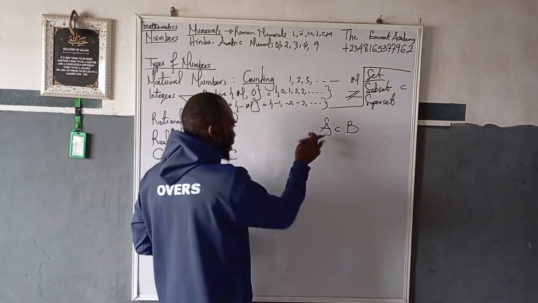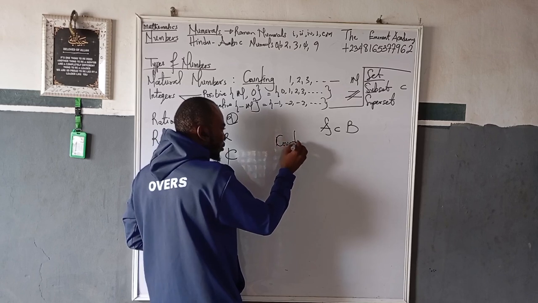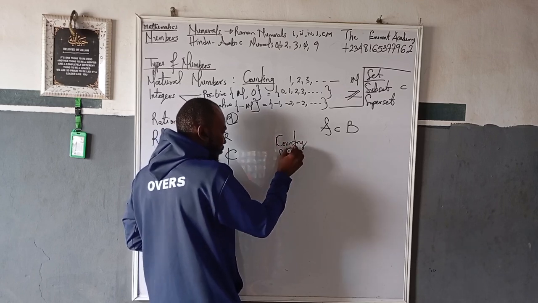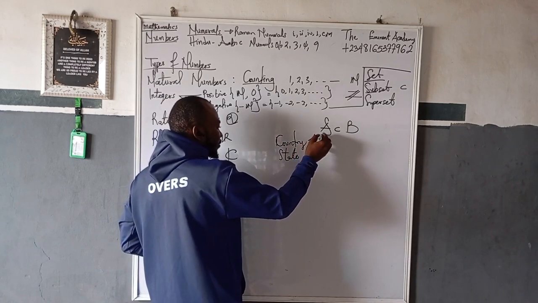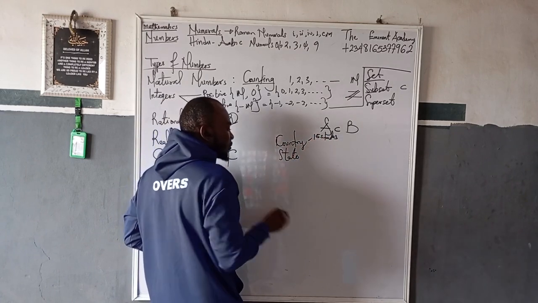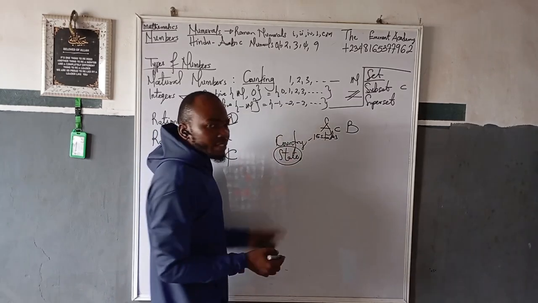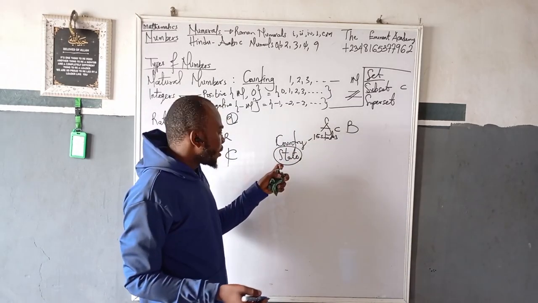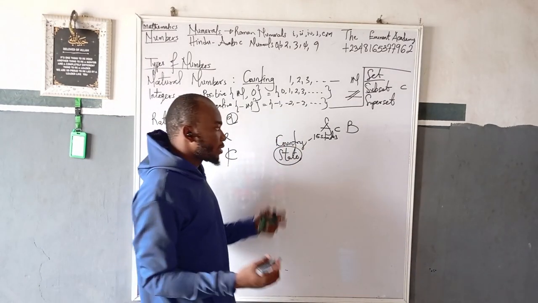Let me use this. Let's talk about a country and a state. If a country has 15 states, for instance, every citizen of any state we may pick here must compulsorily be a citizen of that particular country. Let me use Nigeria for example.